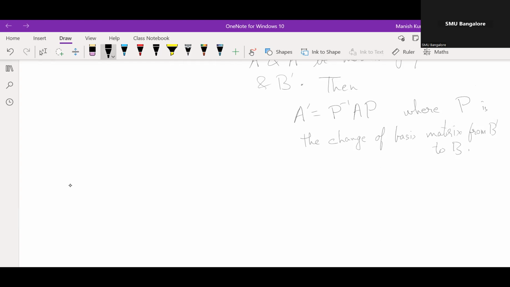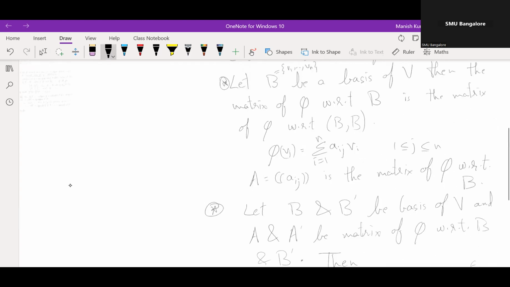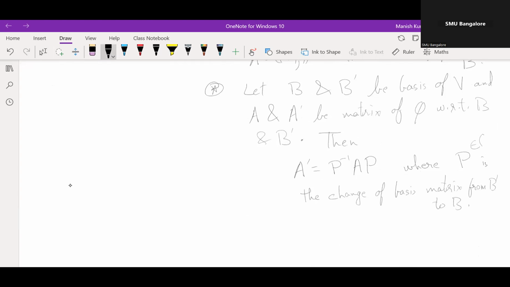In particular, P is in GLn, where n is the dimension of the vector space V. Okay, is this fine?